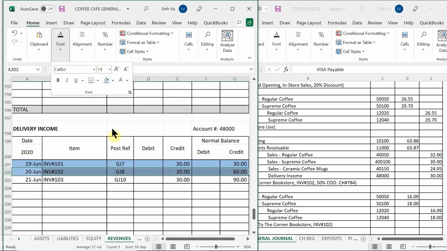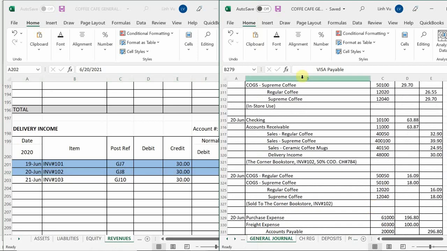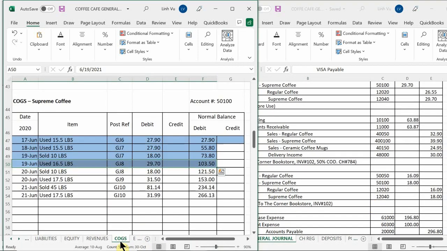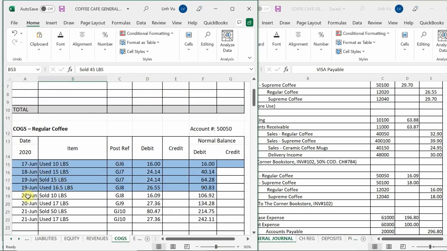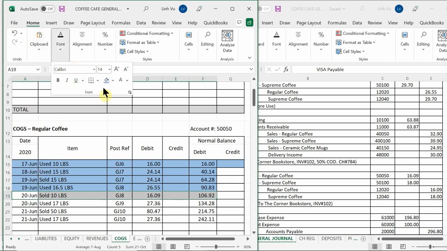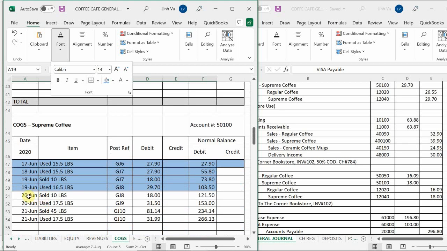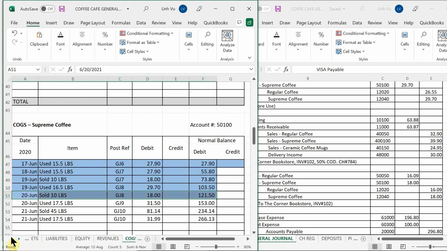Okay. And now we got to do our cost of goods sold for the 16 and the 18. For $16 here. And the $18 here. Okay. Which affected our inventory.